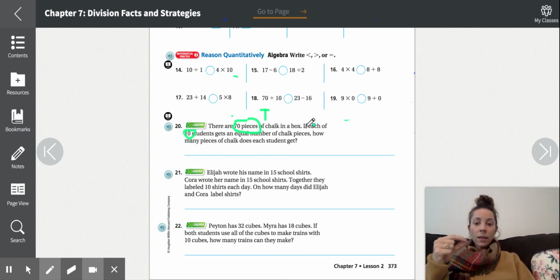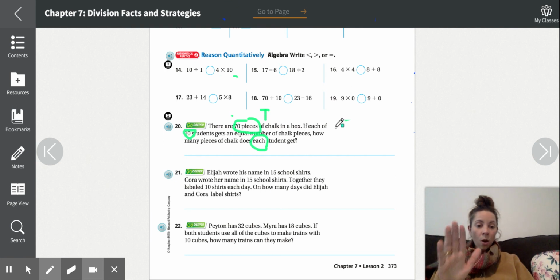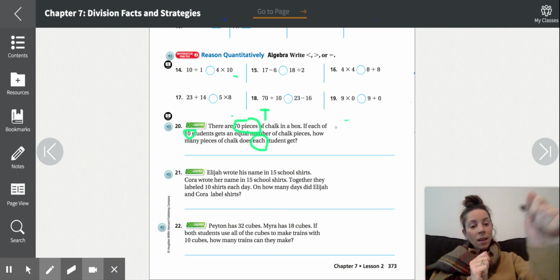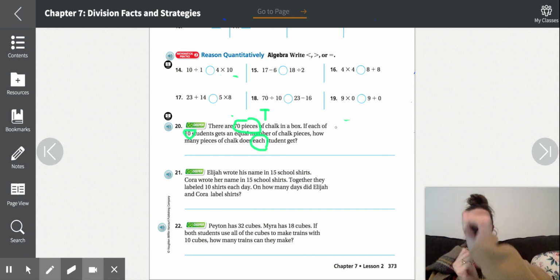It says if each of 10 students gets an equal number, and then it asks me how many pieces of chalk does each student get. So even though they said each towards the beginning of this clue, they're actually asking me to find how many in each. So that means my students are all going to be separated out. I have 10 kids, and then I'm going to give each one of them some of the chalk.